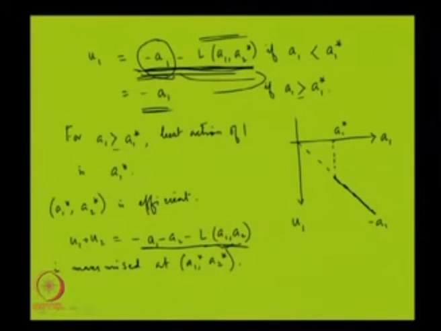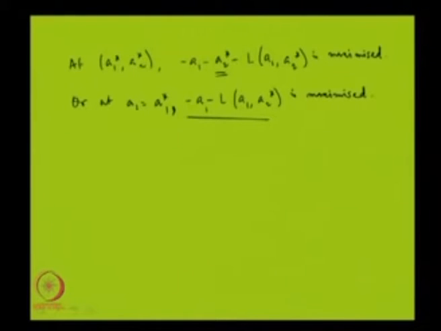So, I have got the result that if I want to maximize this function, what I should set is A1 is equal to A1 star, which means that the shape of the curves that we have here will be something like this.